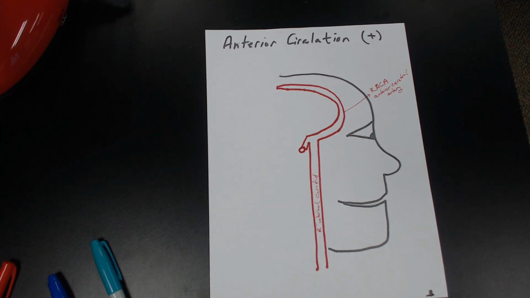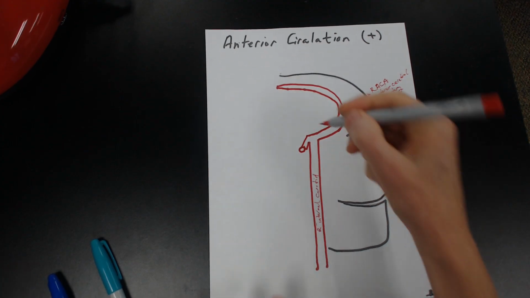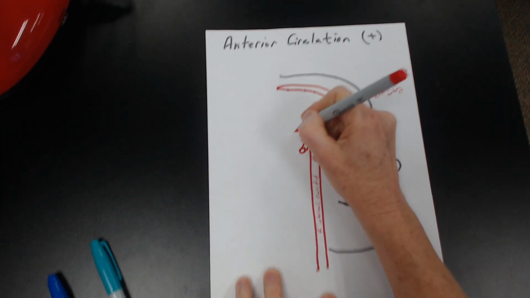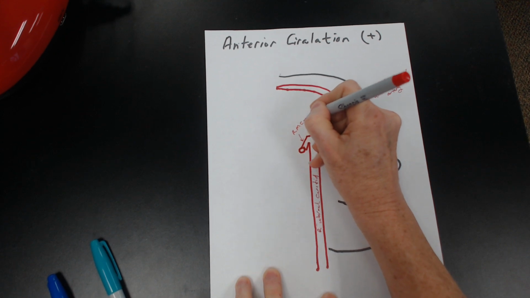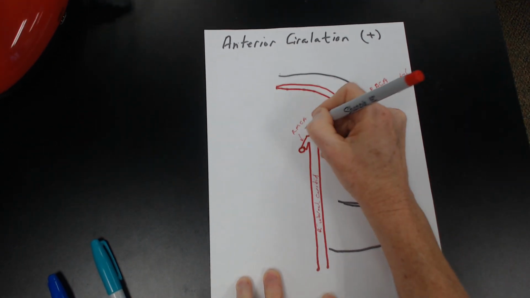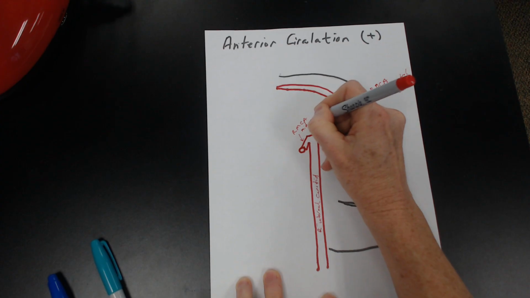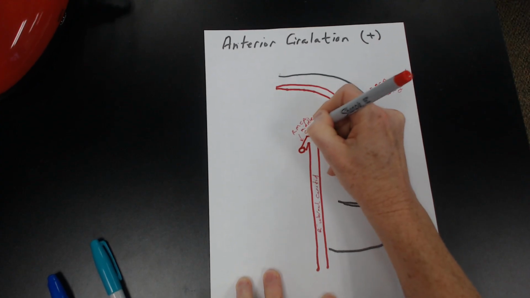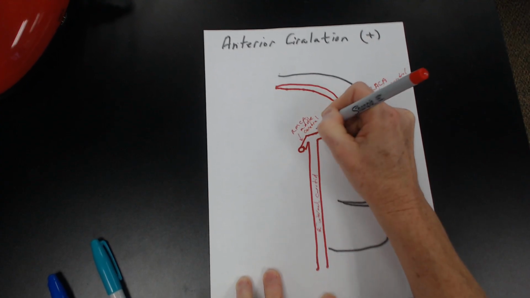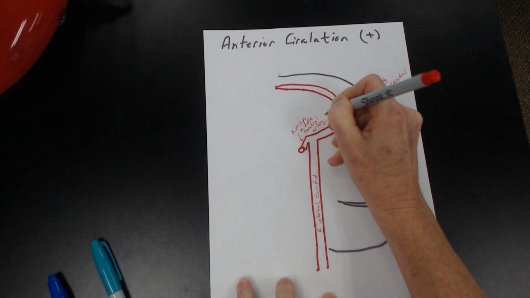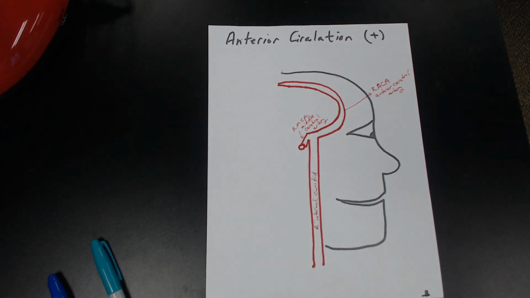We'll see it in another direction here in a minute. But this is going to be my right MCA. And MCA stands for middle cerebral artery. Okay, the right internal carotid artery comes up about the level of the eye, forms the first major branch, flips over the corpus callosum.